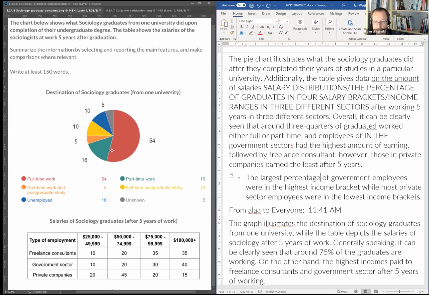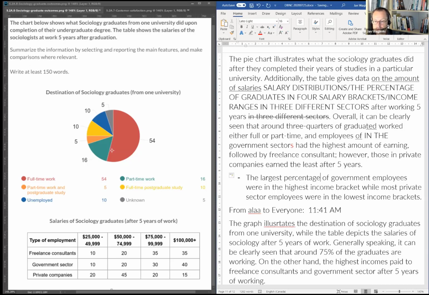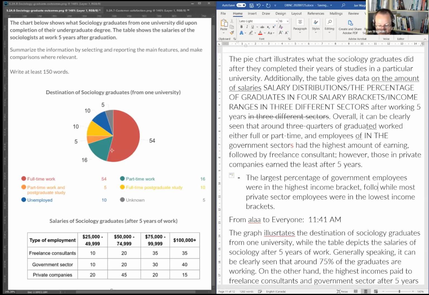The technical term for that is plurality. That's not a term we use very often. Plurality just means the largest percentage. Well, most private sector employees were in the lowest income bracket. Okay. Followed by freelancers. We can't neglect that. Okay, good.